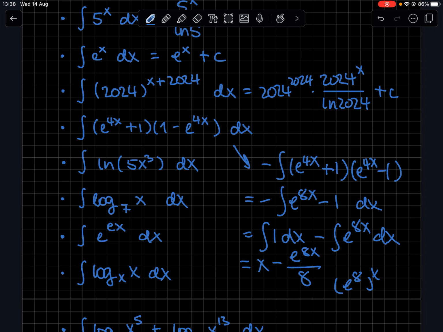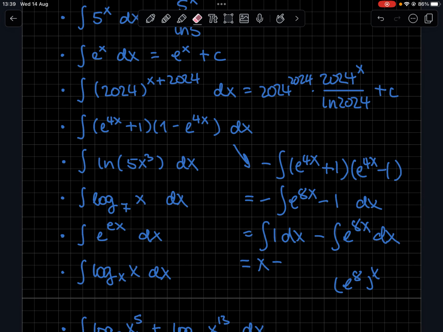And yeah, when you differentiate this, the 8 comes down and cancels out with the 8 on the denominator, and we're just left over with e to the power of 8x. So, oh, sorry, I deleted it. There we go.